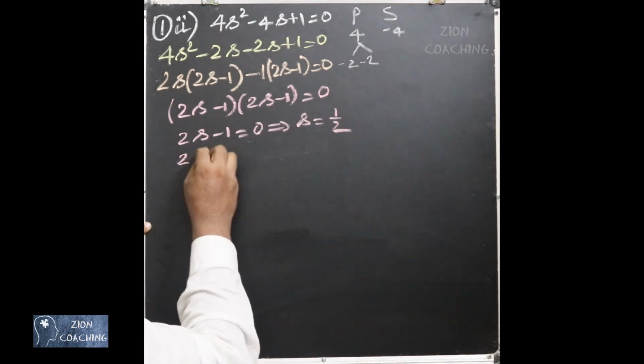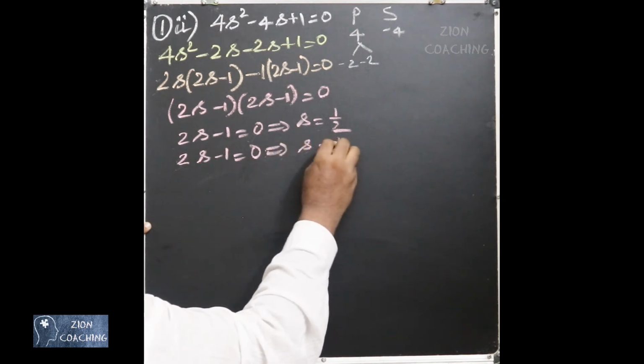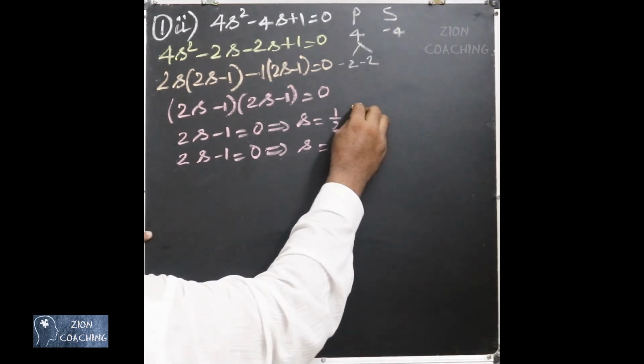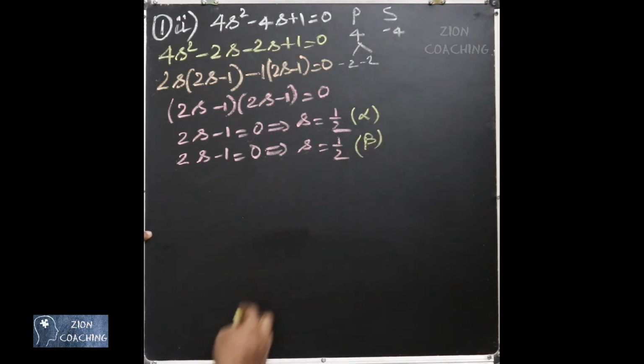Again the next 2s minus 1 equal to 0 implies s is equal to 1 by 2. Now this first 1 by 2 is the value of alpha and the second 1 by 2 is the value of beta.